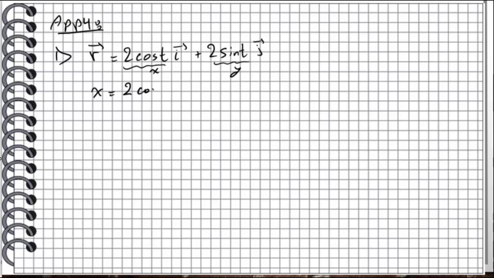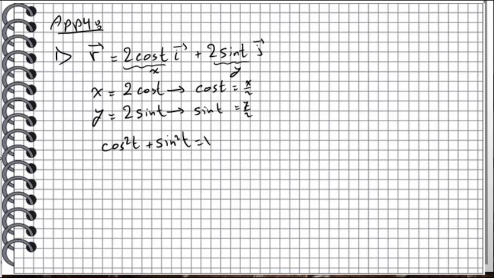X is 2 cosine t and y is 2 sine t. And the relation between sine and cosine is given by Pythagoras: cosine square of angle t plus sine square of angle t must equal 1. I have to take the cosine from here and the sine from here. Cosine of t will be x over 2 and the sine of t will be y over 2.